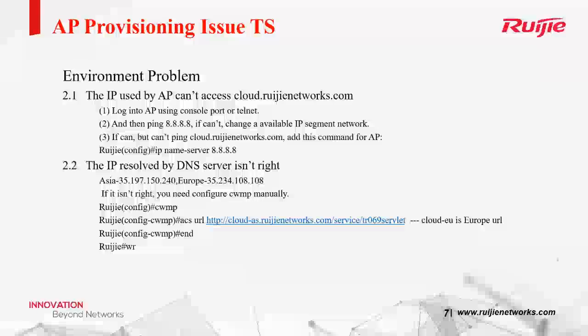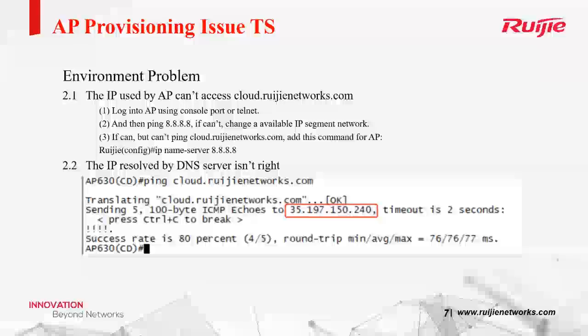The second possibility is the IP resolved by the DNS server isn't right. You can check the IP using ping cloud.ruijienetworks.com, which shows its IP address there.